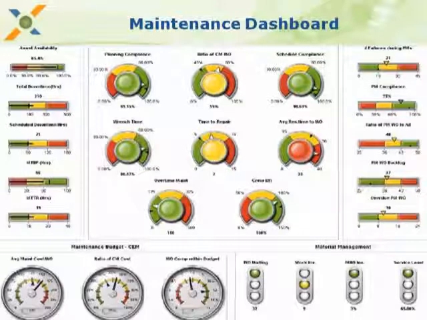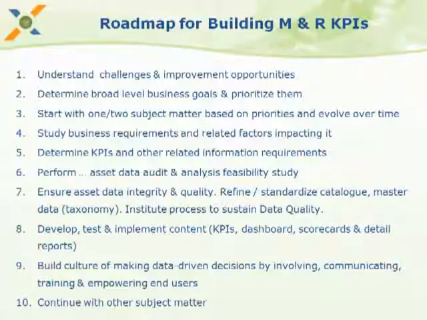So how do we go and build maintenance and reliability KPIs? There are many methodologies. One of the things we have noticed is that most of the KPIs should be around whatever your objectives are.